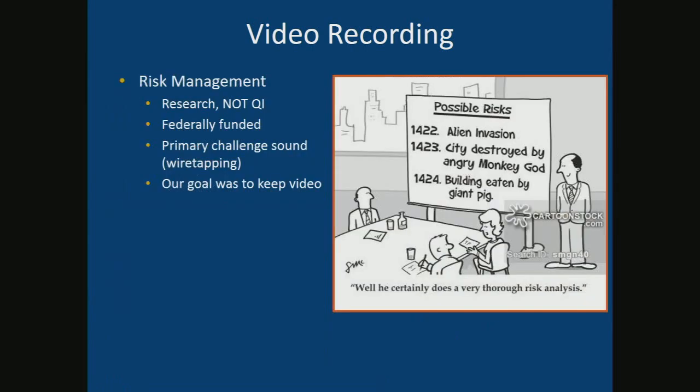For the sound piece, could you not mic the participant themselves because they were also seeing patients? Well, yes, I'm sure, but we simply didn't have the resources to do that. We didn't have a coordinator 24/7 in the environment.